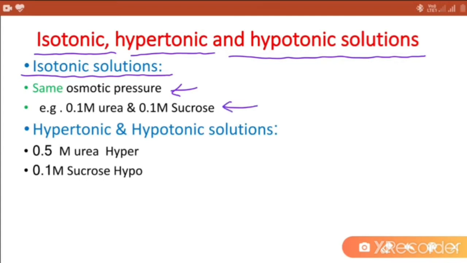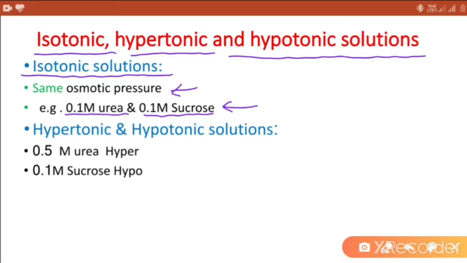Let us consider the example 0.1 molar urea and 0.1 molar sucrose. These two solutions have the same molar concentration, but different concentration in gram per liter.